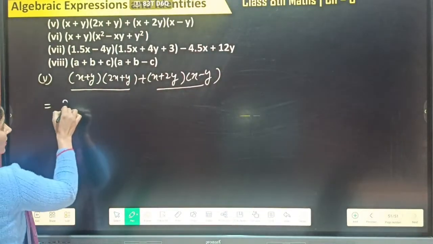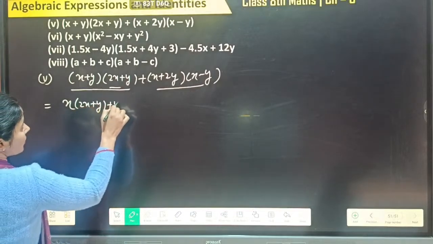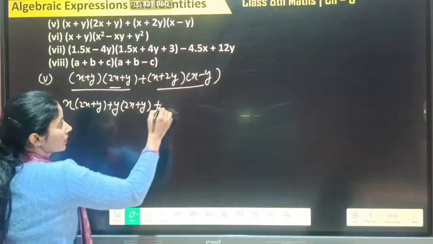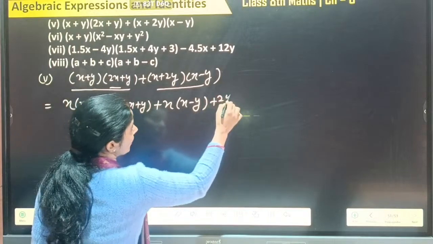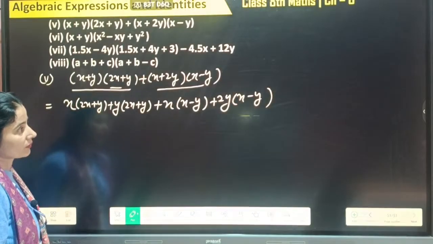So this x I will multiply with 2x plus y. This y I will multiply with 2x plus y, plus this x I will multiply with x minus y, plus 2y will be multiplied with x minus y.